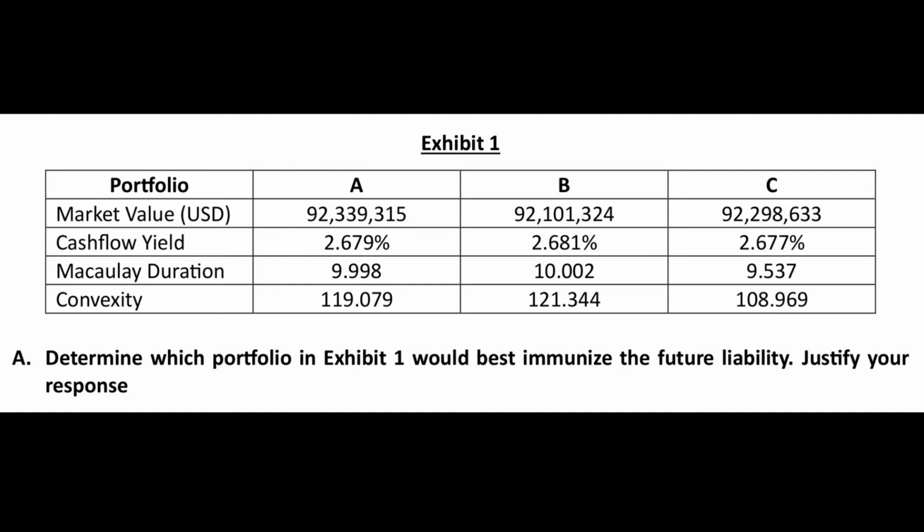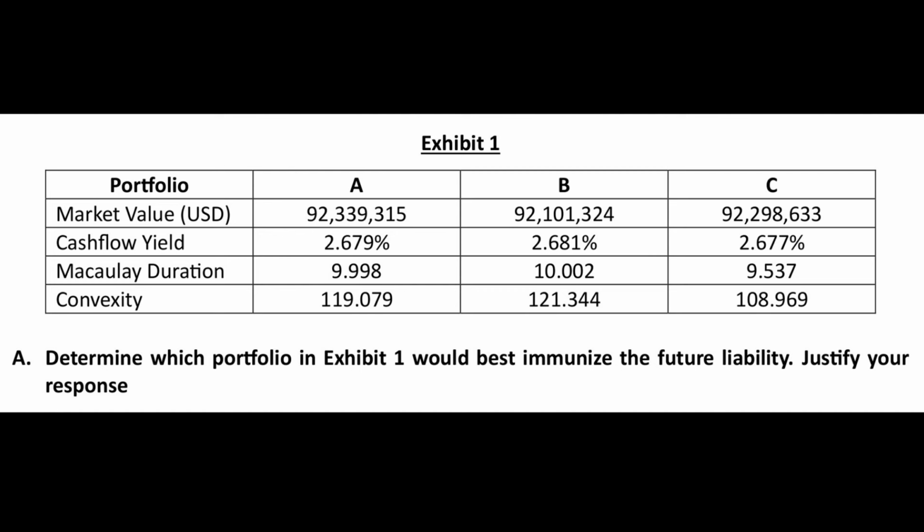If you see and you recollect, cash flow yield is not relevant over here at all. First of all, anybody writing about cash flow yield is going to unnecessarily waste his time. Cash flow yield is irrelevant over here, okay, in this particular screen. Now, the question is, determine which portfolio in Exhibit 1 would best immunize the future liability.